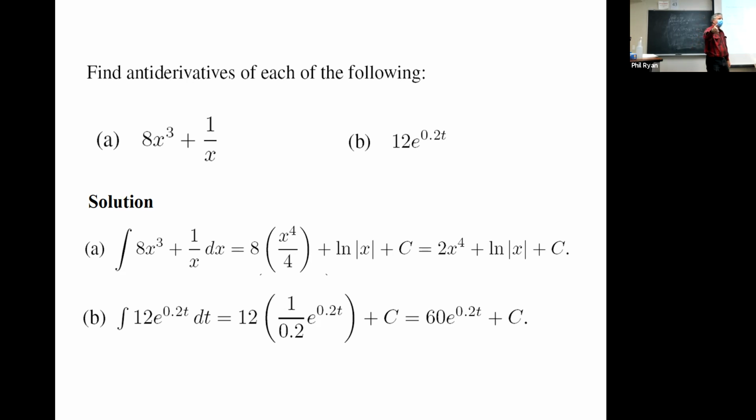Okay? But with derivatives, you multiply by the constant. With antiderivatives, you divide by the constant. So you divide by 0.2. Dividing by 0.2 is the same as multiplying by 5. So you end up with 60 times e to the 0.2t. And then you remember to put in the +7.